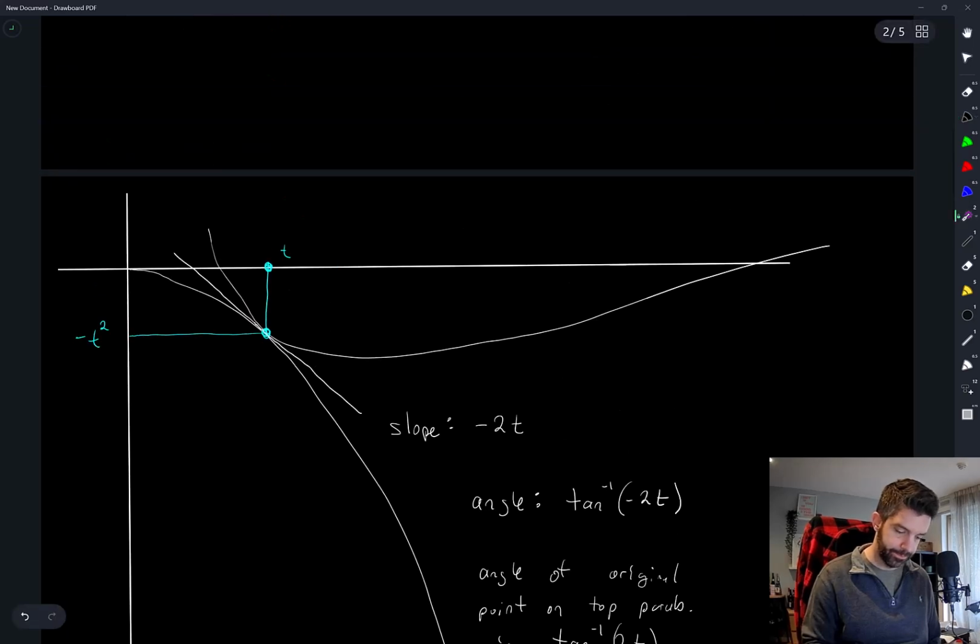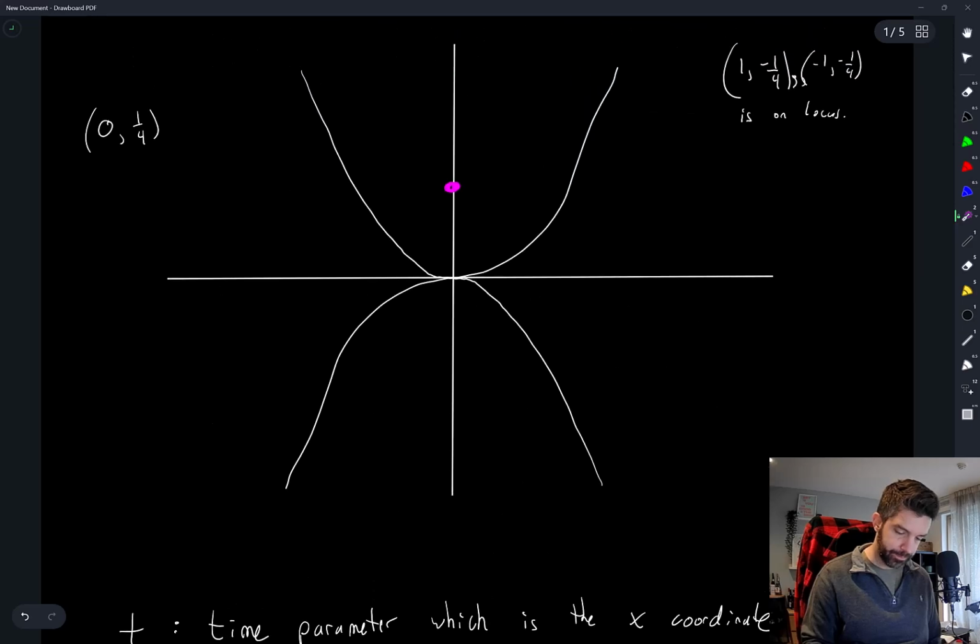So when this point is going to touch that point, that slope is negative 2t, and the slope at the corresponding point up here is 2t. So when this comes down to there, obviously it rotates through double that angle.